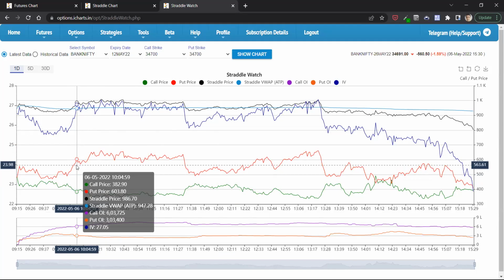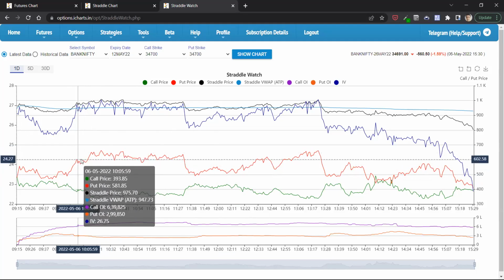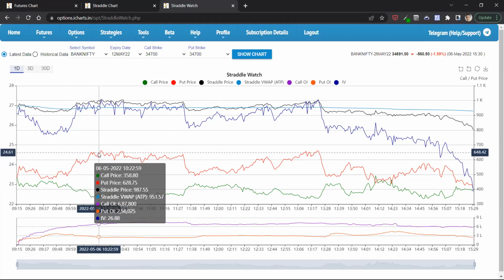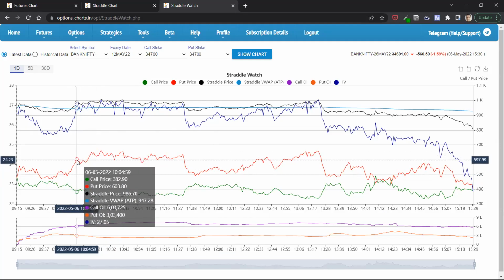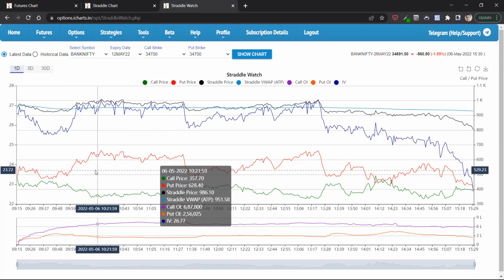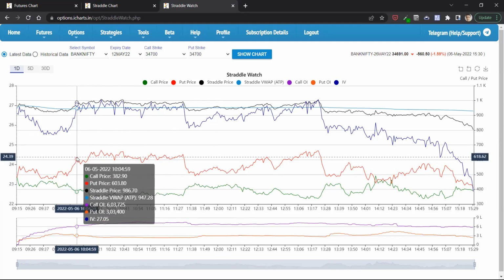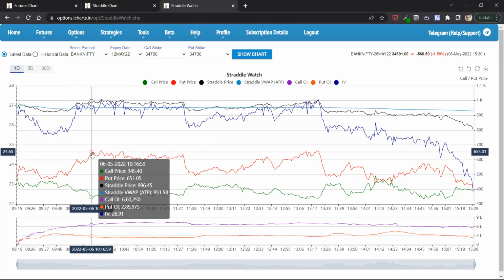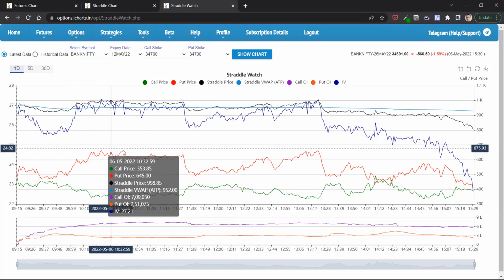So what you do is you have some kind of a stop buy order above that. Now 603, based on whatever 10%, it is 60 points above that, 660 or so. I don't know whether this is going to hit.